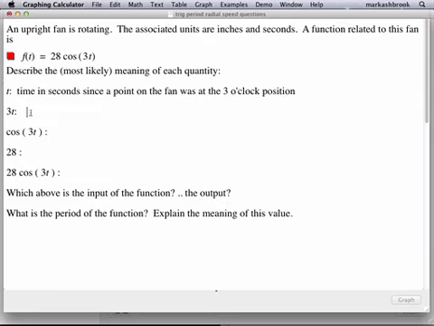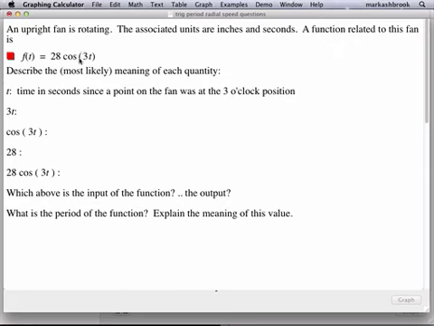3t. What does that quantity represent? Is it a number of seconds? What do you think? Position measured in what? Yeah, so 3t is the input into cosine, which has to be what?